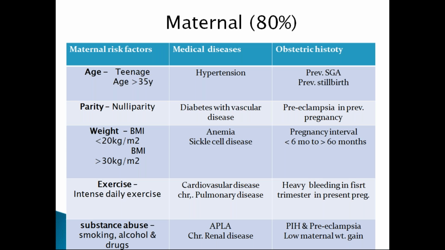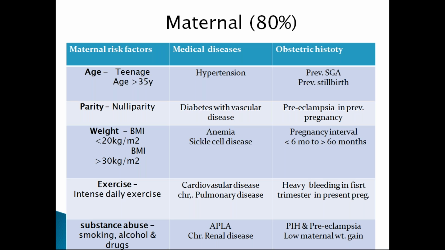Parity: nulliparity is again more affected. Weight of the mother: extremes, either too low BMI or high BMI. So both sides, like teenage or elderly patients, here also the extreme matters.